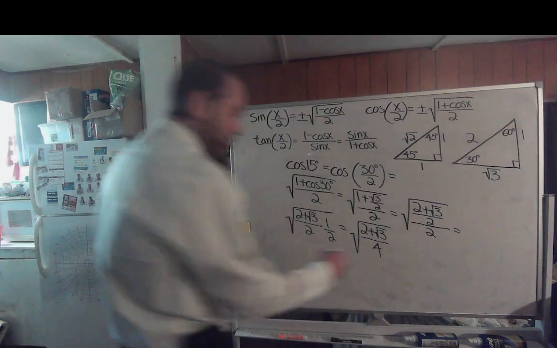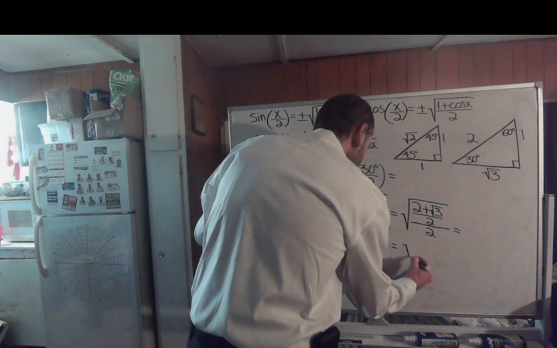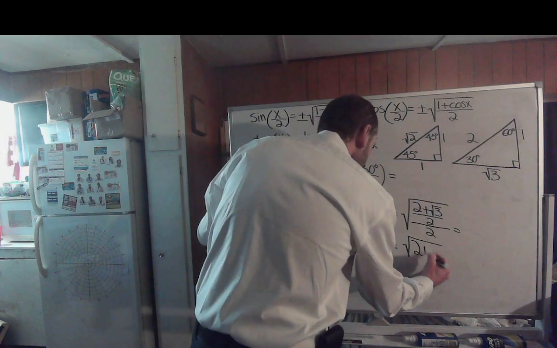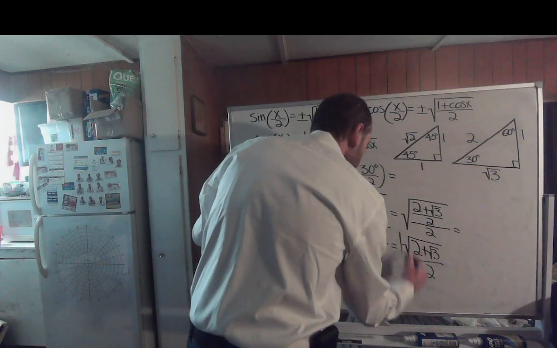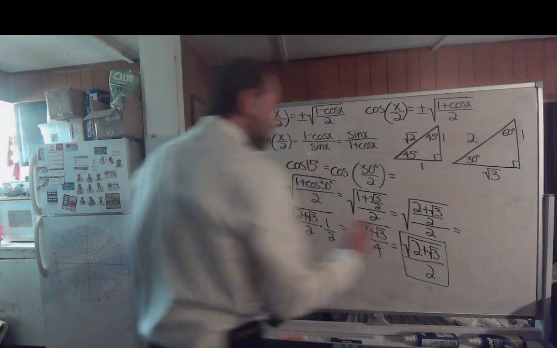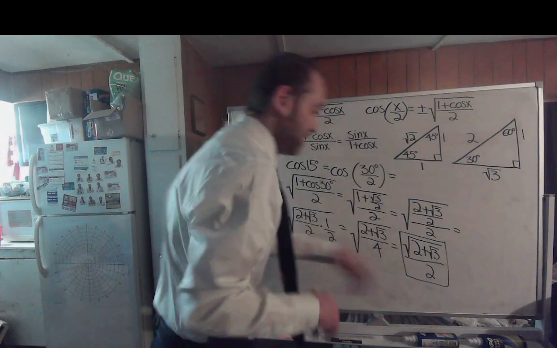Well, the square root of 4 we know is 2, so this would end up being the square root of 2 plus the square root of 3 all over 2. That would be the exact value for the cosine of 15 degrees.